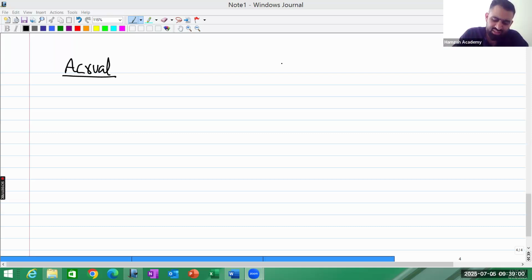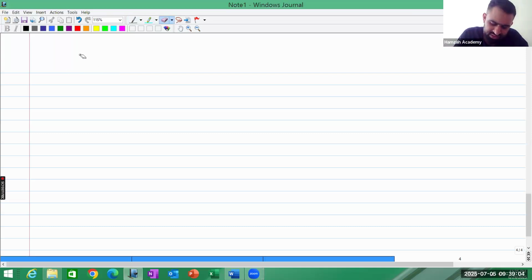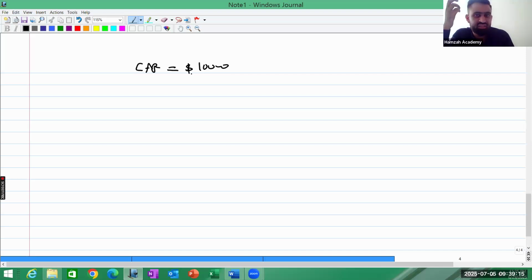Now, if I apply this concept on the depreciation, look, when you purchase an asset, for example, a car for let's say $10,000, the car is a non-current asset. You cannot use the car simultaneously. You have to use it over 4 years, 5 years, 10 years, whatever the useful life.